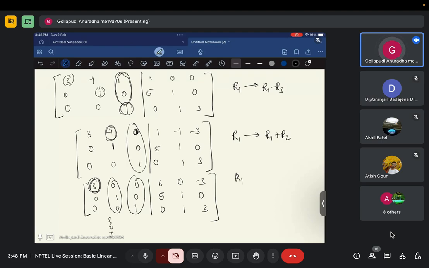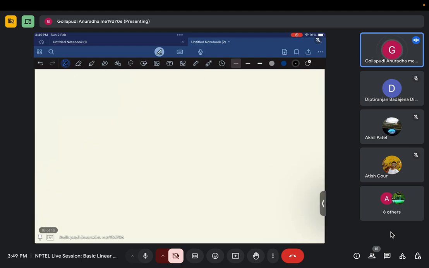So if R1 is going to R1 by 3, then we will be getting, as I said, this will be the inverse of the matrix with which we started.